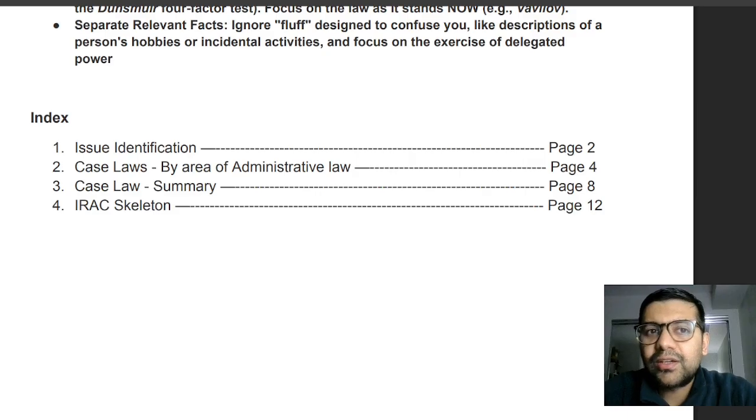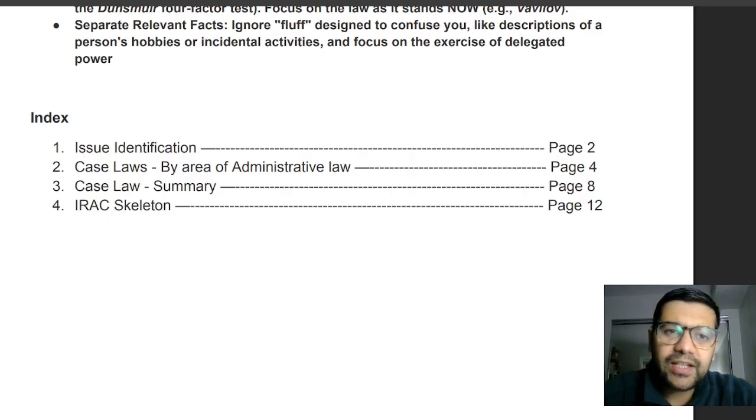So what it means is that you have an edge here. And that edge is, if you are reading all the case laws that are mentioned in your subject syllabus, then you already know what questions might come. They will only ask you about those scenarios and situations that have already happened in real life.